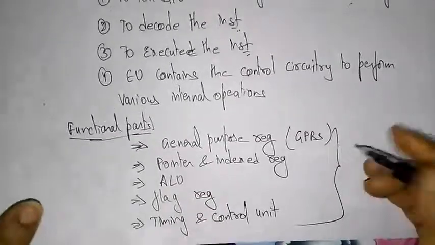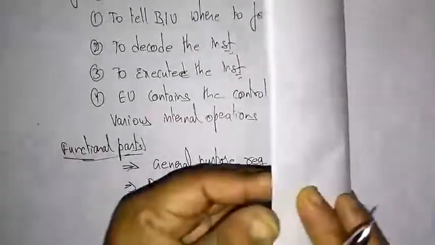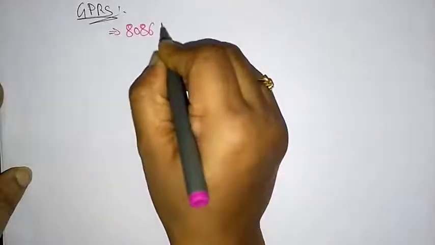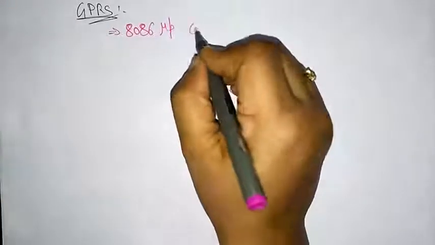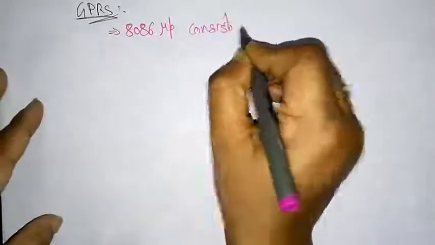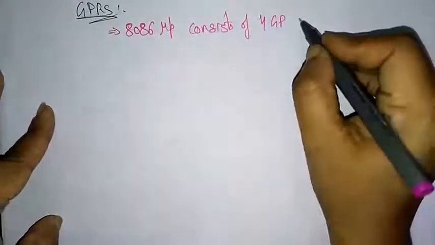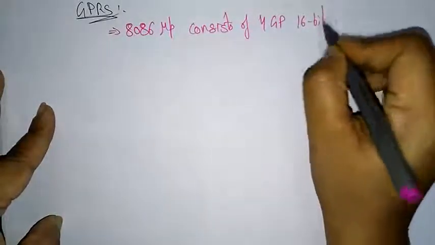Now let us discuss one by one. The first functional part is the general purpose register. What is the role of the general purpose registers in the 8086 microprocessor? The 8086 consists of 4 general purpose registers, each of size 16-bit.